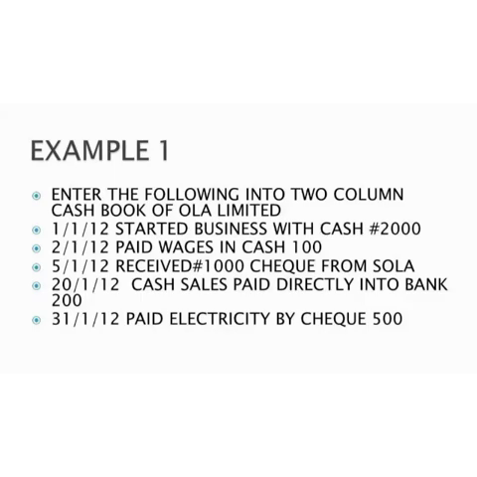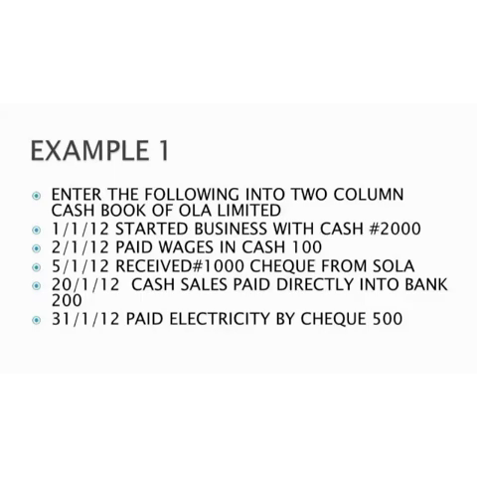When a company receives cash or any cheque from a third party, we have to enter the transaction on the debit side. In the date column, enter the date, 5th January 2012. Then in the particulars column, 'To Sola Limited', and under the bank column, the amount of rupees 1000.